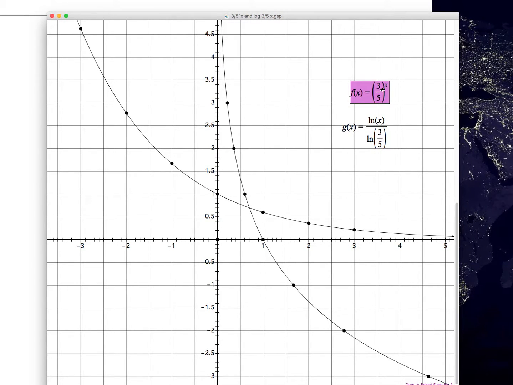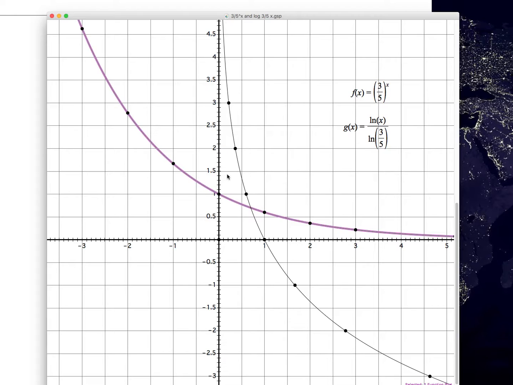And once you do that, this is what your graph is going to look like. Your exponential function is right here. It's a decreasing exponential function. Okay, but just as for any exponential function, anything raised to the 0 is 1, so it has a y-intercept of y equals 1.